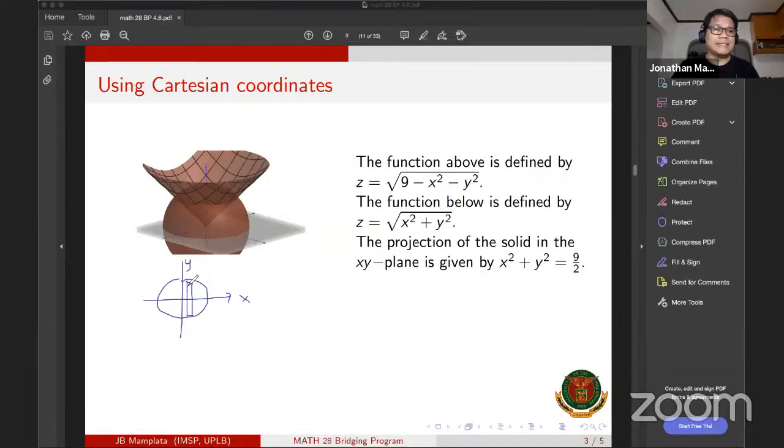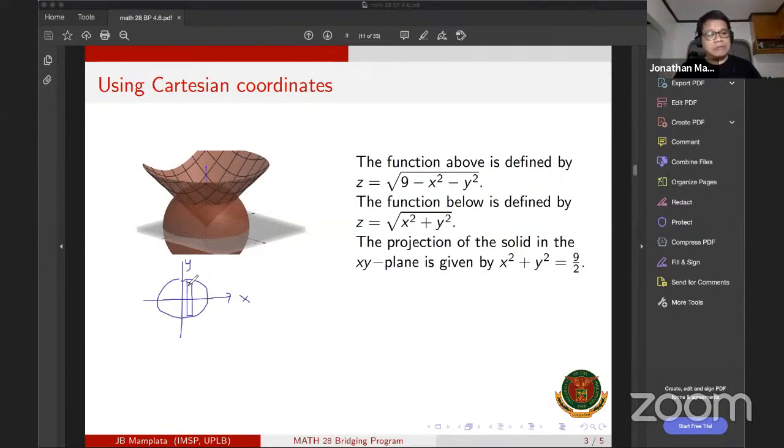The upper bound is 3 over square root of 2. Now, how about the bounds for y? Yung bounds for y, consider mo ulit yung vertical rectangle. Take note yung vertical rectangle na yan is bounded by the function above and function below. So yung function above natin will be a function of y in terms of x.